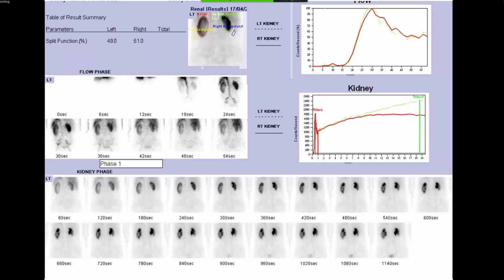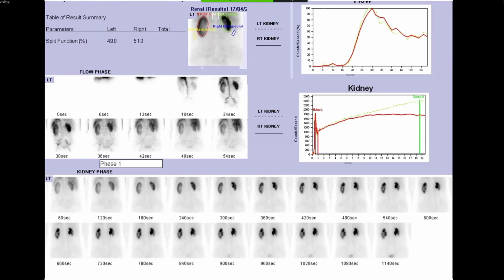And on the subsequent images, you can see focal radiotracer uptake areas noted in the right kidney, and some area in the upper pole of the left kidney.